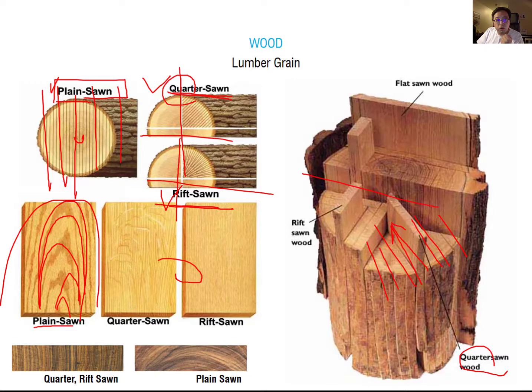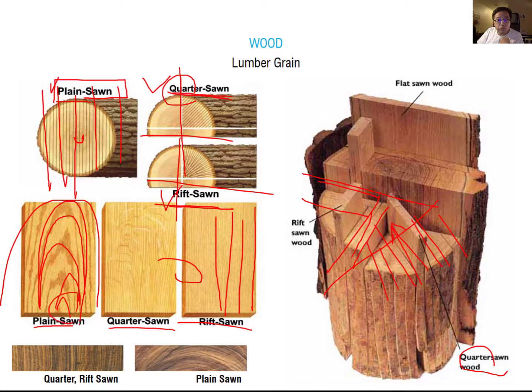But what about the rift sawn? Just cut the corner first, and then cut everything perpendicular to the annual ring. In this case, you can mostly find a more vertical pattern. So the quarter sawn pattern is between the plain sawn and rift sawn. That's why you can still see the annual ring, and you can also see the vertical texture and pattern.